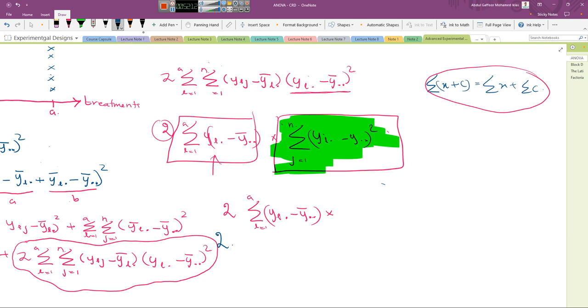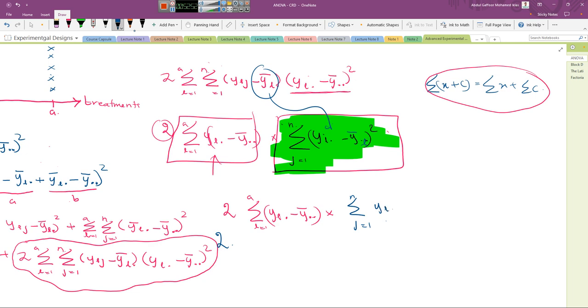So let me use a different color. So here summation j equals 1 to n, yij minus yi dot bar. Here it is yi dot bar, don't confuse, this is what I have written over here, right? So okay, I'm going to split this summation, right?